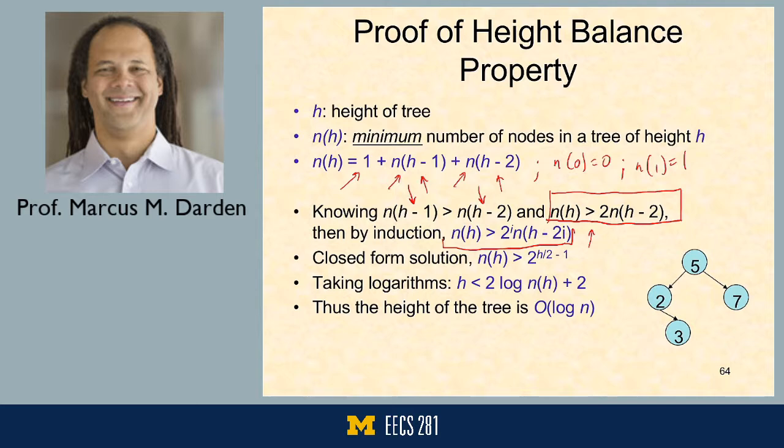So I'm going to keep multiplying by a factor of 2 as my height increases. So my inductive step then gives me something I can get to a closed form solution on, and then to solve that for h, all I have to do is take the log of both sides there, and I end up finding out that the height of a tree is always log n.